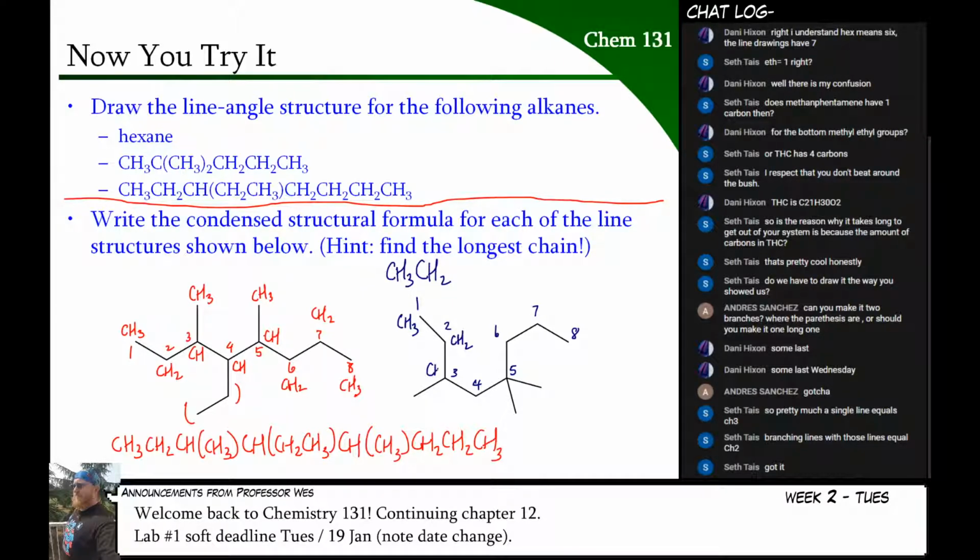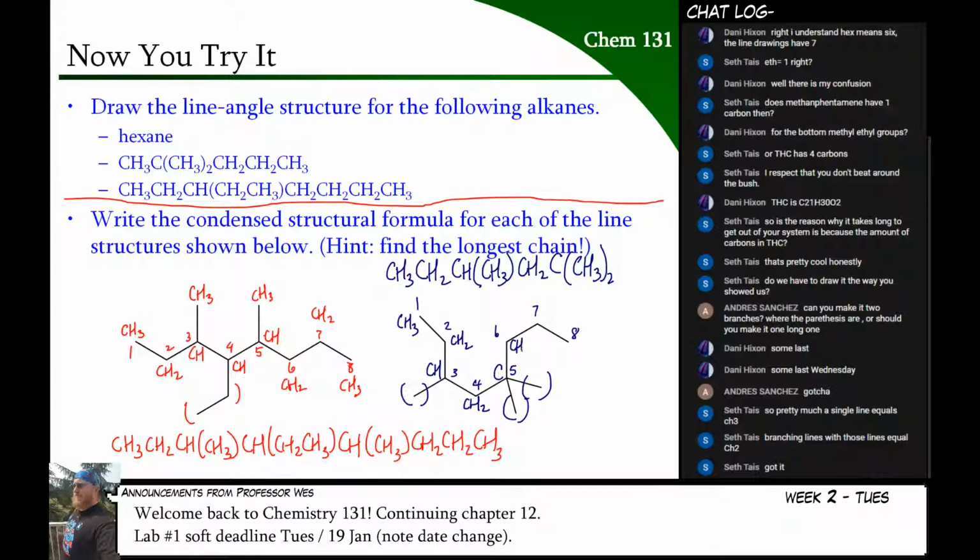Carbon number 3 is CH with a CH3 next to it. Carbon number 4 is CH2. Carbon number 5 has 4 things already connected to it. It's just C. But connected to it, I've got one methyl group, or sorry, one CH3 group and 2 CH3 groups. So we'll write that.